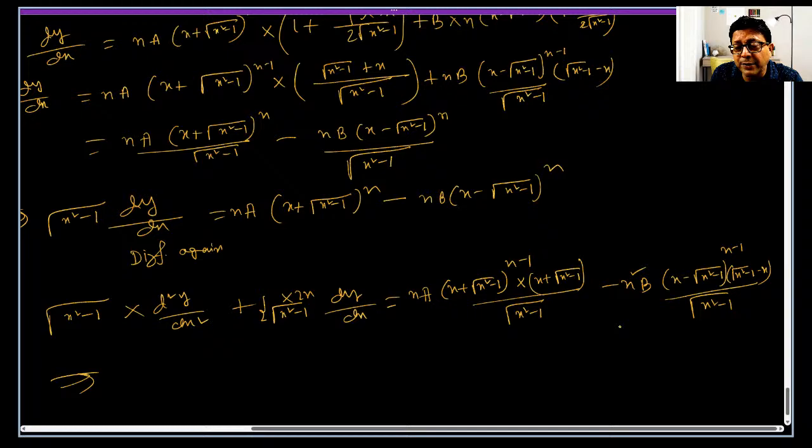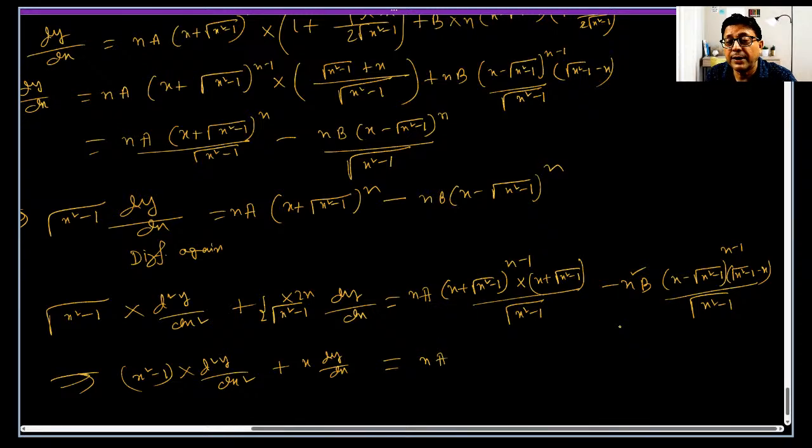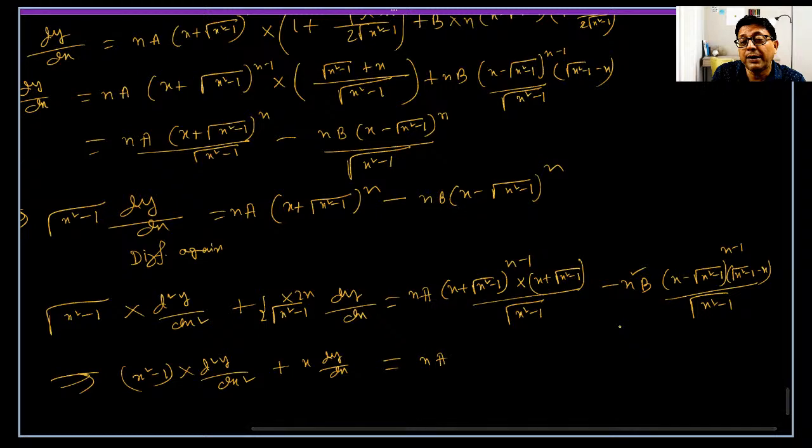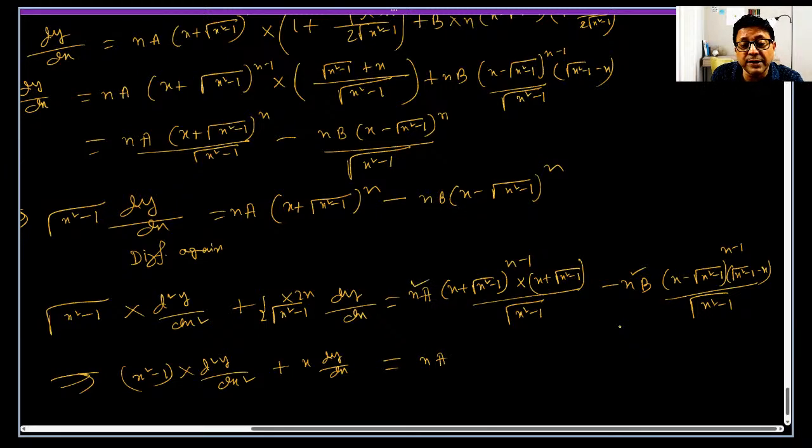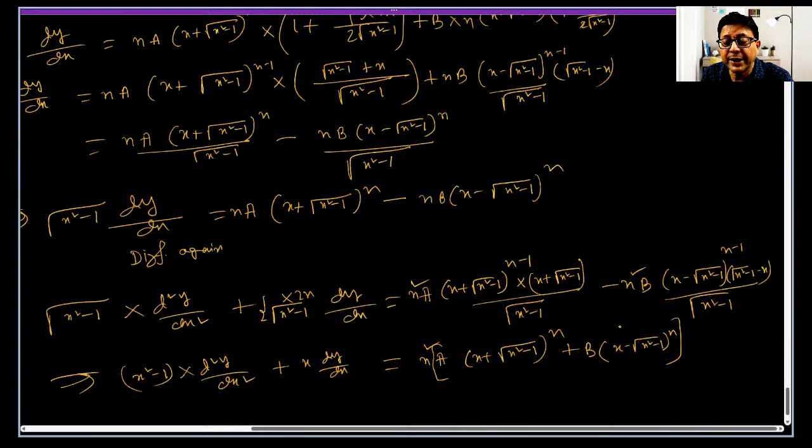Now cross multiply by root x square minus 1. It will be x square minus 1 d square y by dx square plus x into dy by dx equal to n, that one na already there, you have differentiated, there will be n square common, a x plus root over x square minus 1 to the power n plus, because minus I am taking common from here, okay.